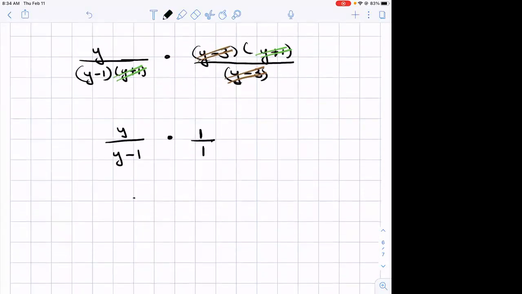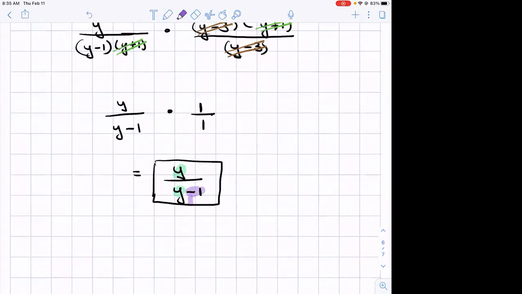And now if I multiply this, this is the same as y over y minus 1. Now, be very careful. This is your final answer. If you're thinking, why don't I cancel this y with that y? I can't do that, because I have a minus 1 attached to this y. You can only cancel things when they're written as a product. So if this was y times 1, then you could cancel it. So it cannot be canceled. Only when it's written as a product can you cancel. Okay?